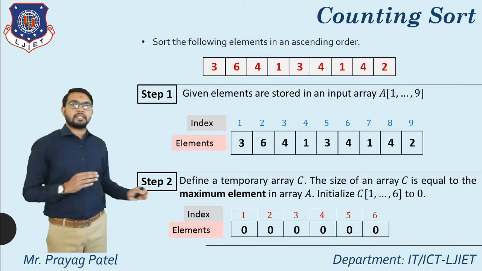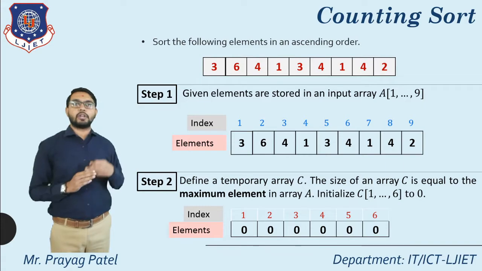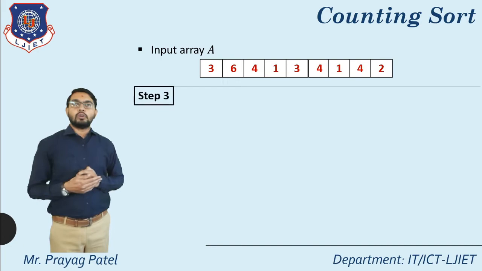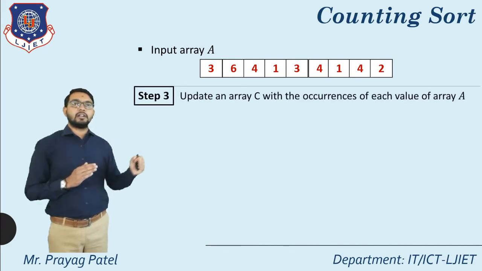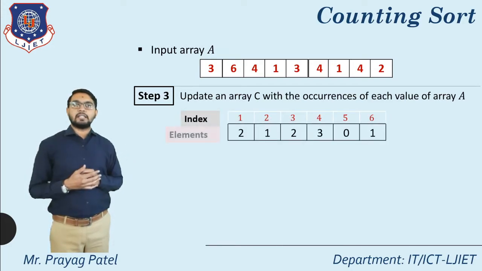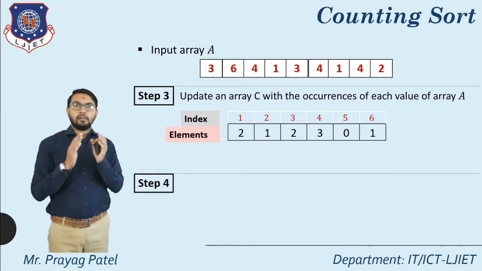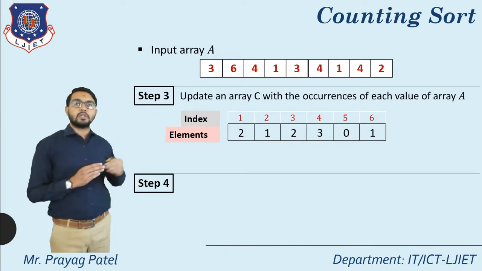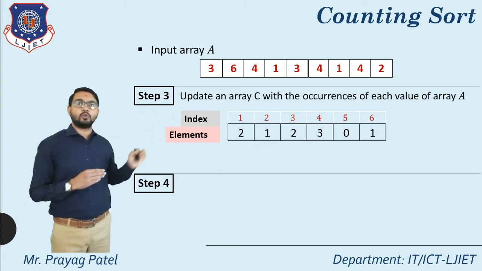So array C is used to store the frequency count of each element. Now consider step number 3: update array C with the occurrence of each value of array A. At location 1, the value is 2, because in the given array A, 1 is repeated 2 times. So at index 1 we put the value 2.